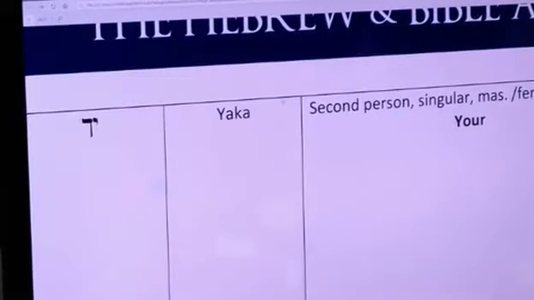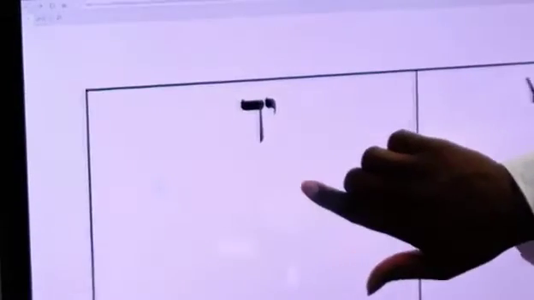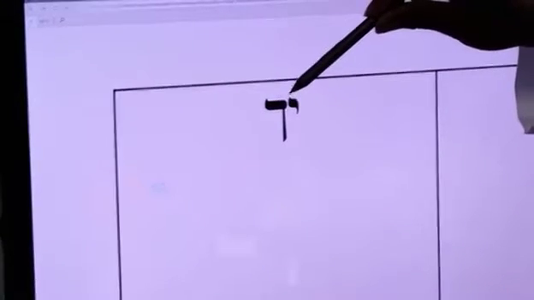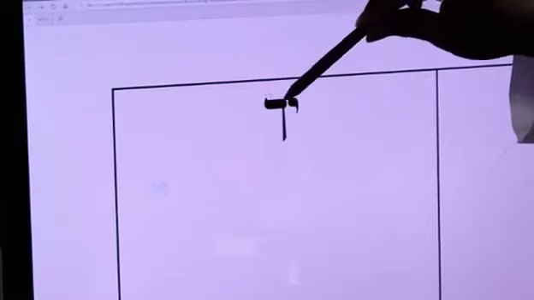You see here, with the suffix yaka, that ka takes on the ending form, because it's the last letter.